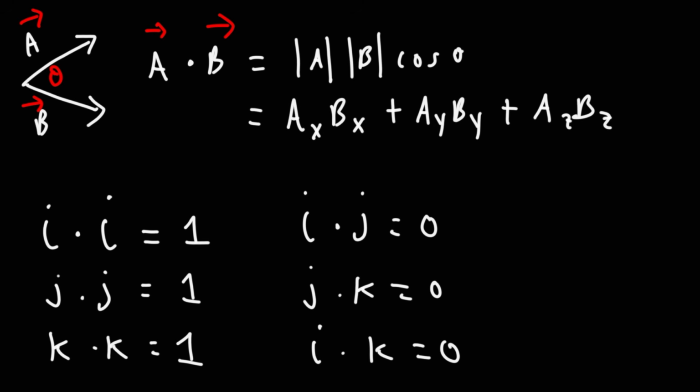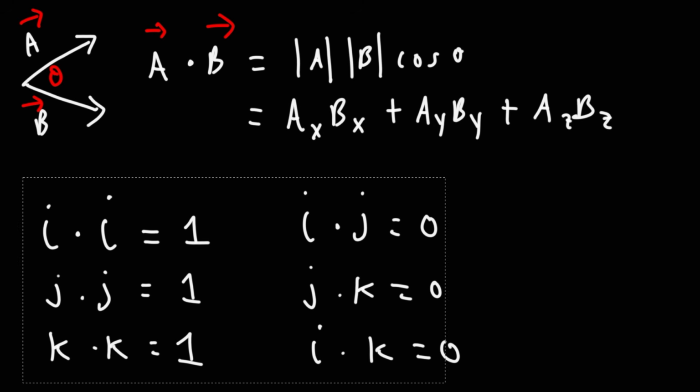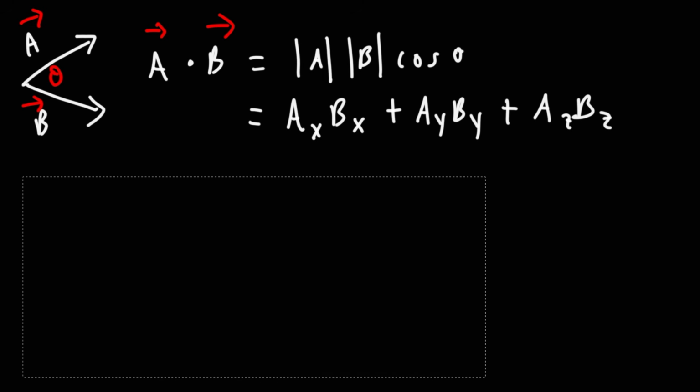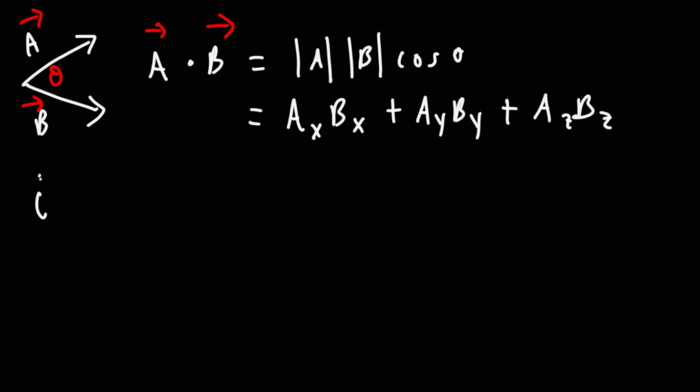I'll give you some examples. So let's prove that the dot product of i and i is 1. Let's call this i1 and i2. So i1, we know it has the values 1, 0, 0.